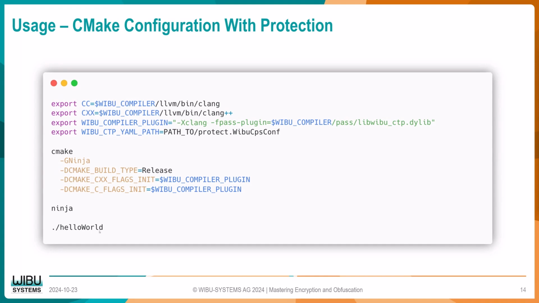So we optimize on our own with the well-known compiler optimizations in LLVM, and only techniques which are still present after this optimization are good obfuscation techniques. So this is the reason also why we only obfuscate in release mode, since we really want to give you the best obfuscation possible from WIBU.